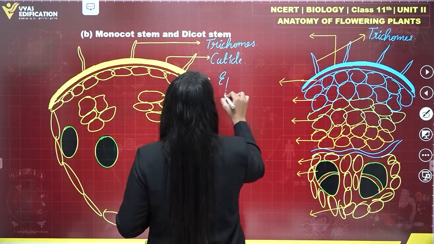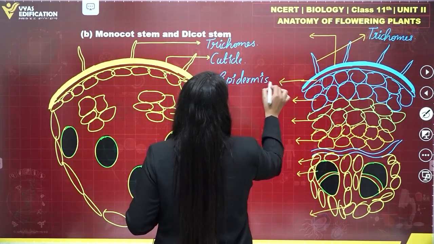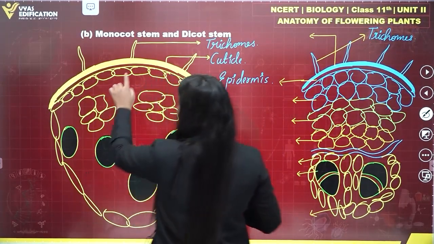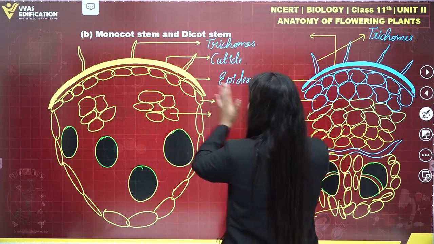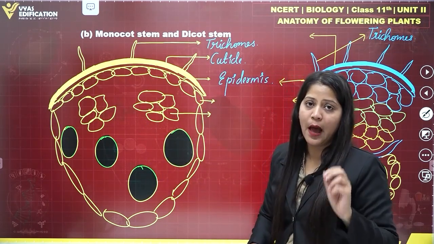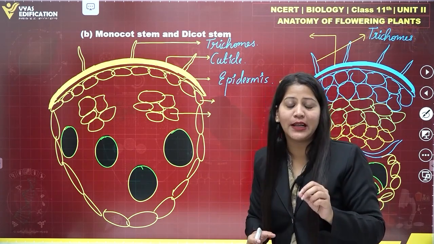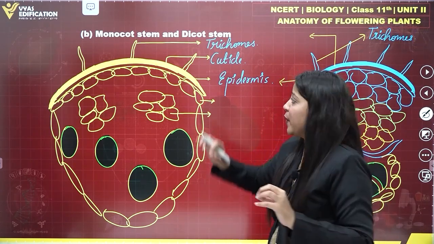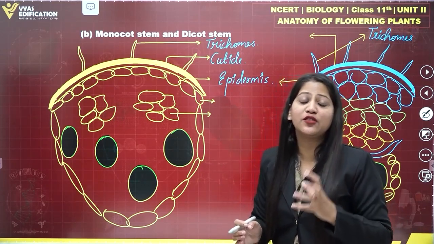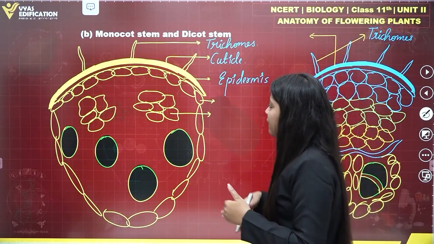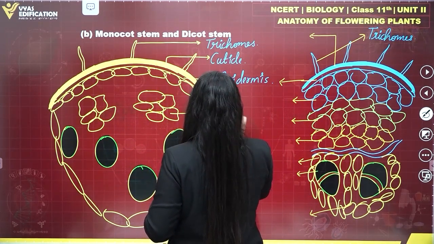So in both diagrams, this one layer is representing the epidermal layer. Outer to epidermis there is a cuticle, an extra layer, and also in the stem we have hair-like structures known as trichomes. Then this tissue is chlorenchyma.